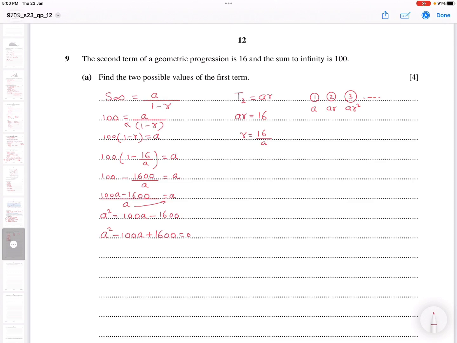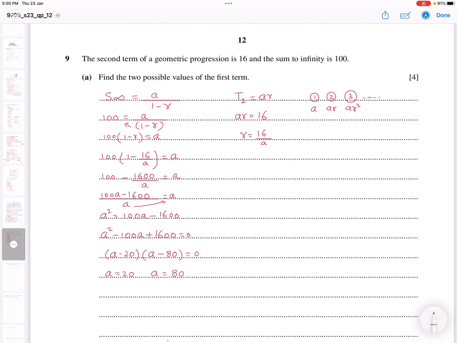And this becomes a quadratic equation, so by middle term breaking, my factors would be A minus 20 and A minus 80 equals 0. So from here A equals 20 and A equals 80.